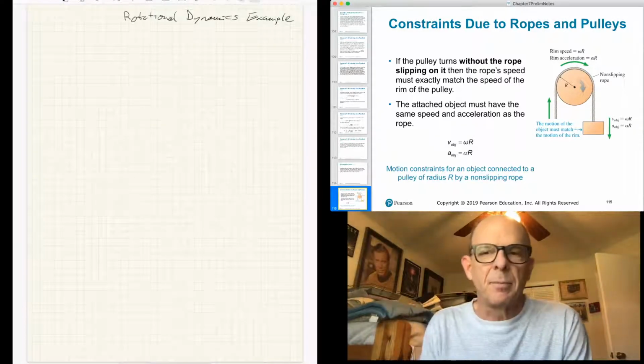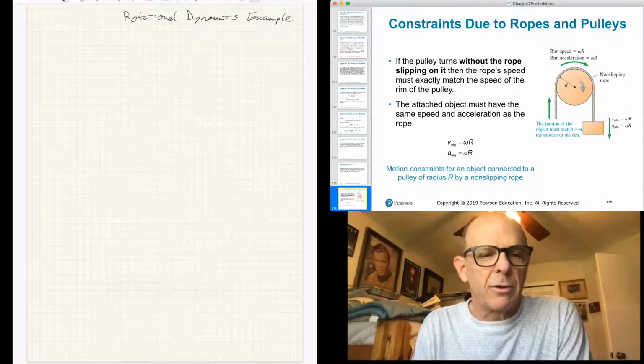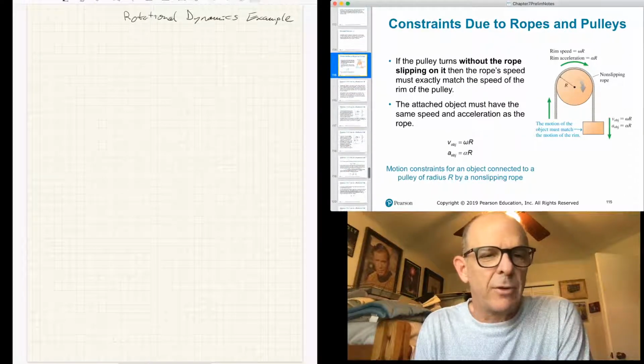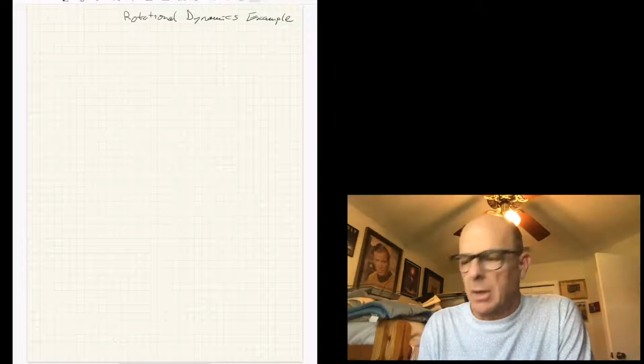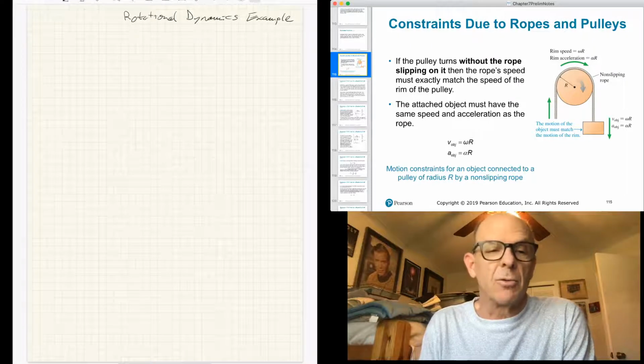And before we do that, we're just going to cover a couple of points here about pulleys and ropes. The example problem that we're going to do involves a rope over a pulley.